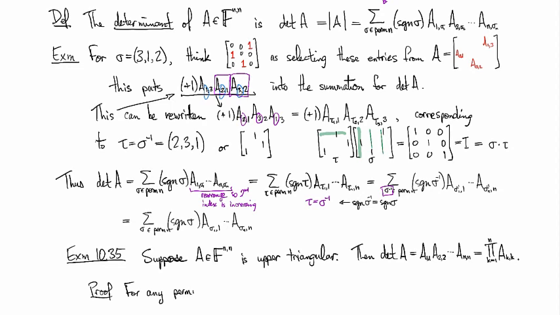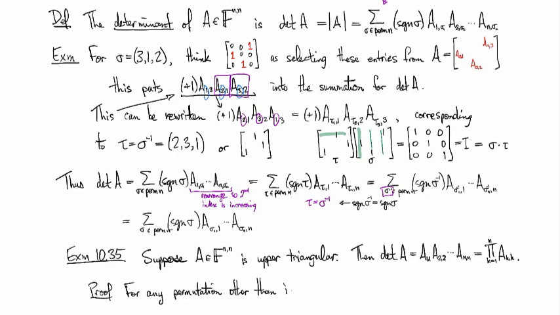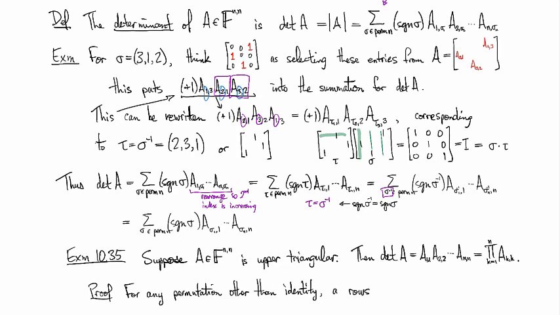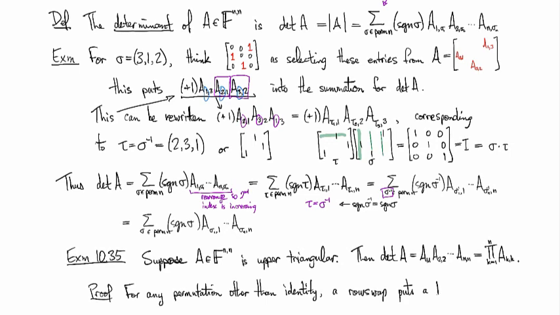if we look at any permutation other than the identity, then you'll see a row swap puts a 1 below the diagonal.